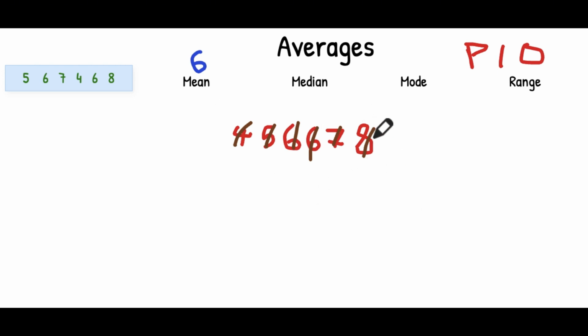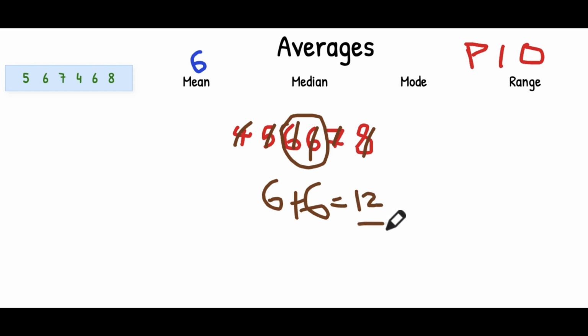When you have a data set with an even amount of numbers, you always have two that are at the center. In this case, the 6 and the 6 are in the center. So you take the 6, add it to the other 6, and divide that total by 2. So 12 divided by 2 is 6. So our median is 6.